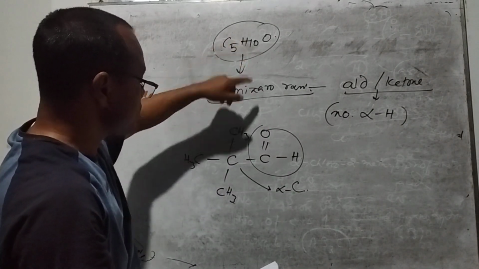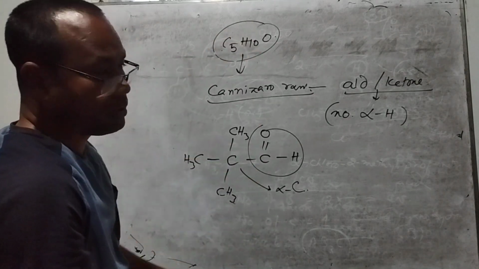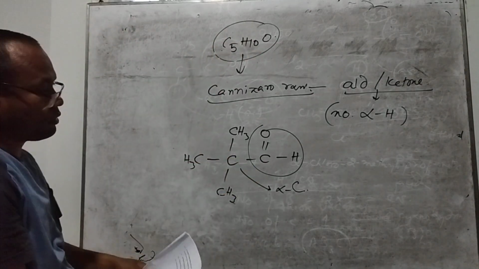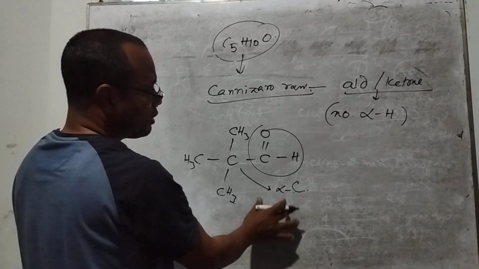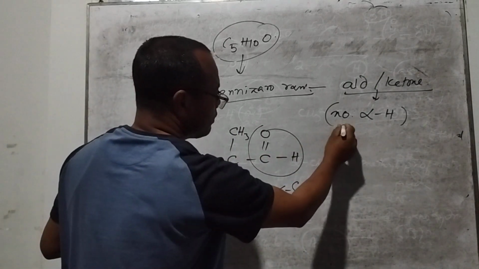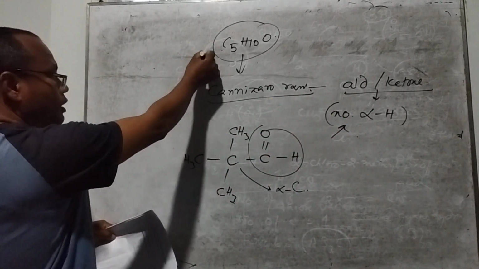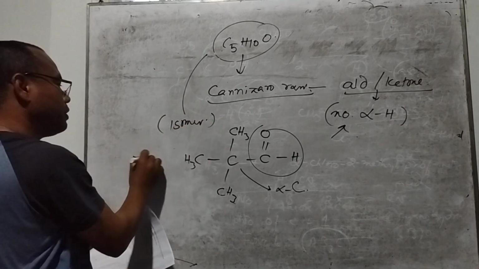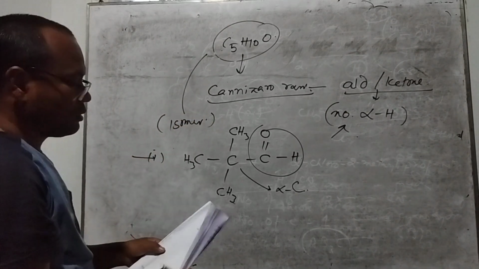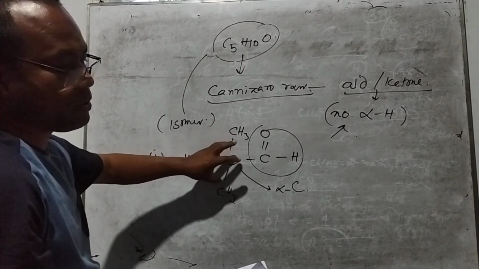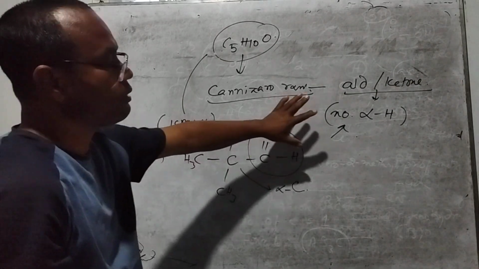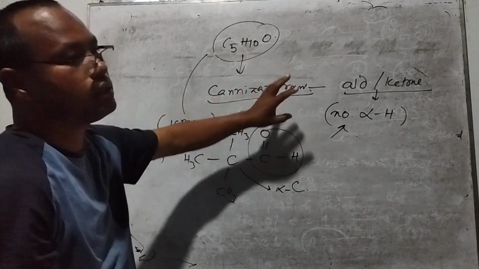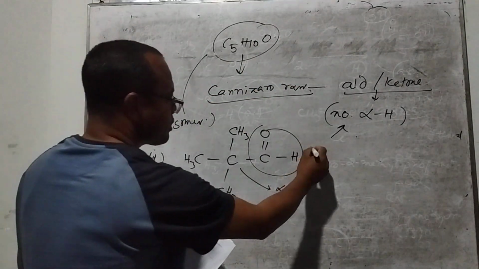That means 10 hydrogens, and 1 oxygen, with 5 carbons. So this compound has no alpha hydrogen. So this is one of the isomers. This isomer containing no alpha hydrogen undergoes Cannizzaro reaction. This is the first answer.